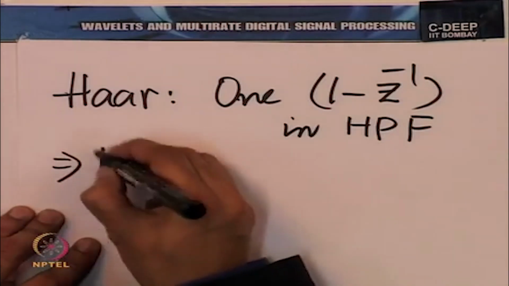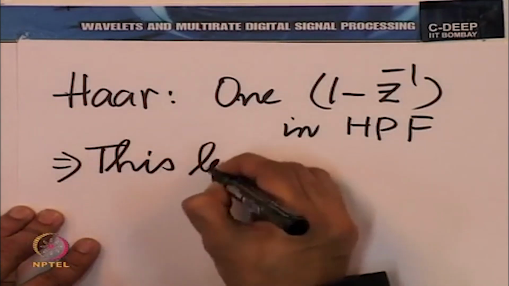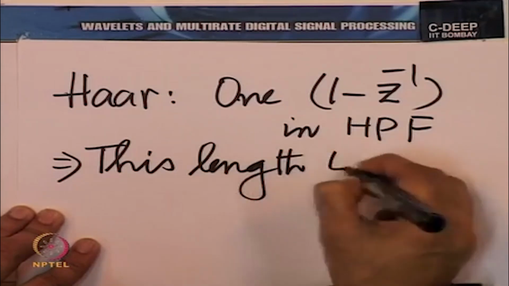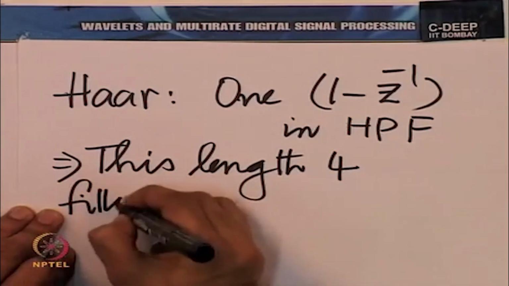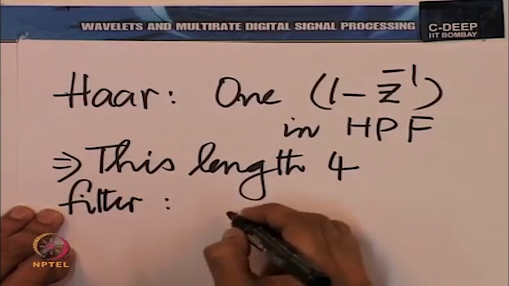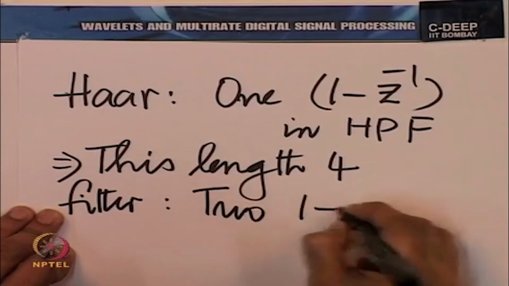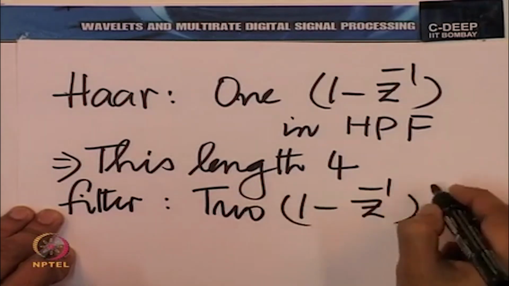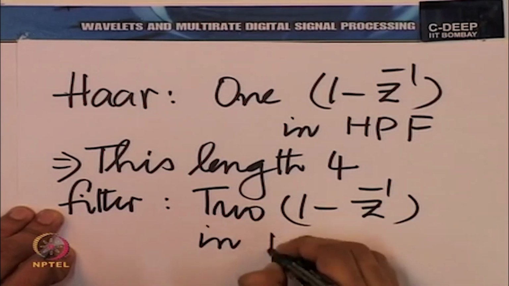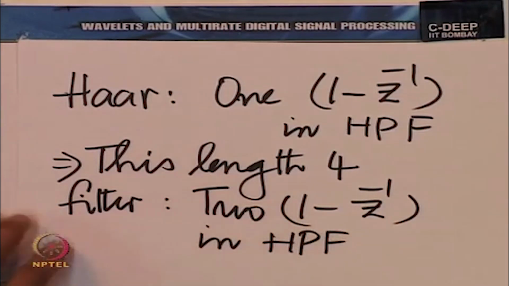So, this length 4 filter would have two factors, 2 1 minus z inverse in the high pass filter.